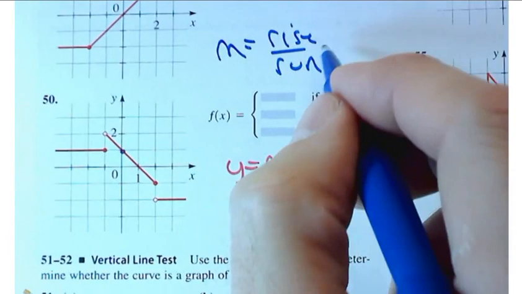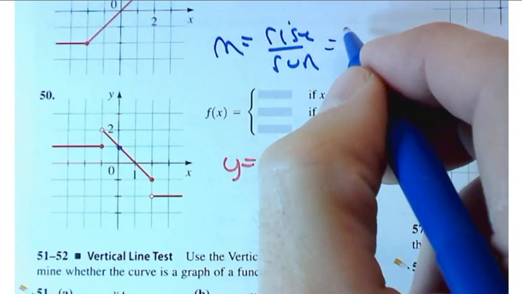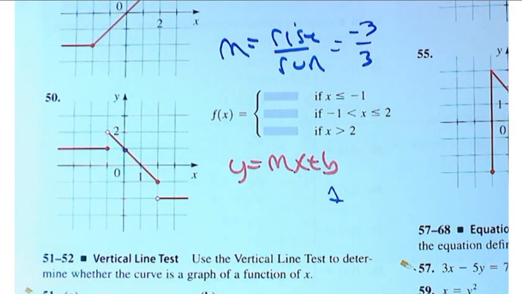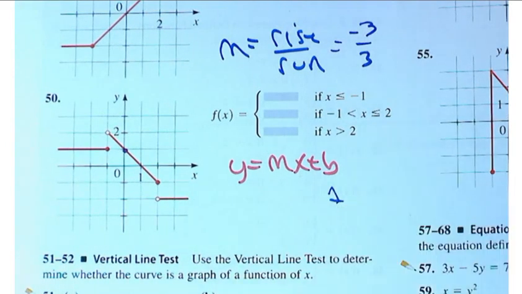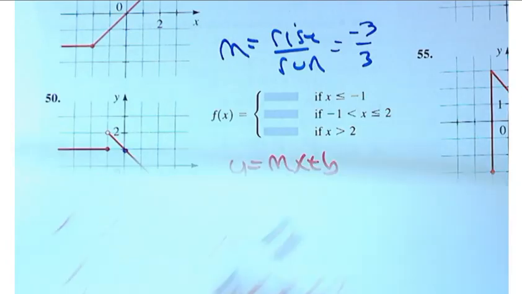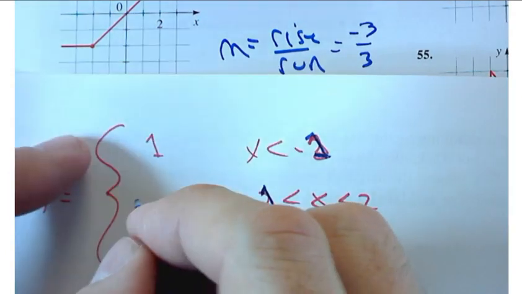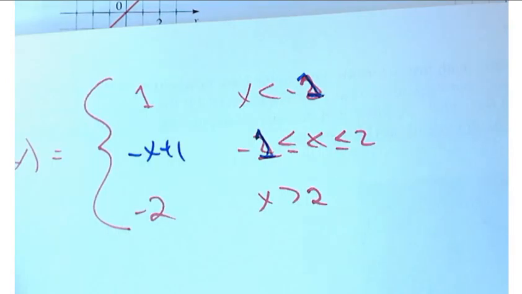So how does that simplify when I put in the rise over the run? -1. So that tells us our equation: y equals -1x, or basically -x plus 1. That's that remaining equation.